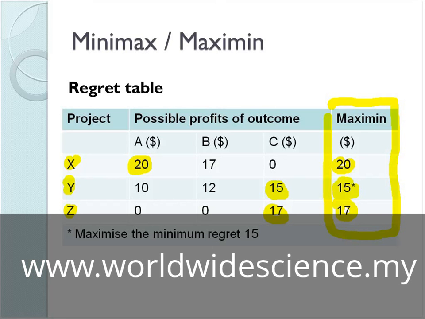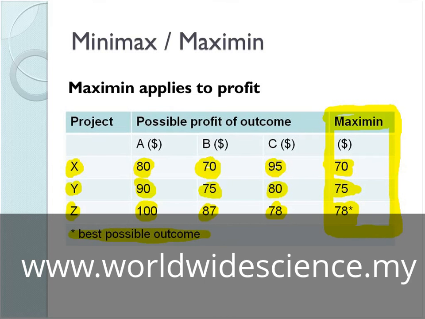Okay. So we call it the regret table. When we first select the highest profit from the project, and then we select the lowest profit after those outcomes. This is the opposite to the possible profits of the outcomes before. Okay, let's go back. As you can see, in the maximin we apply it to the profit, right?